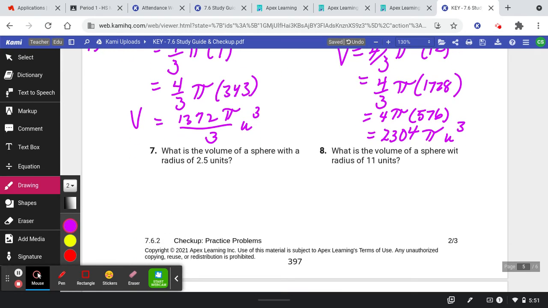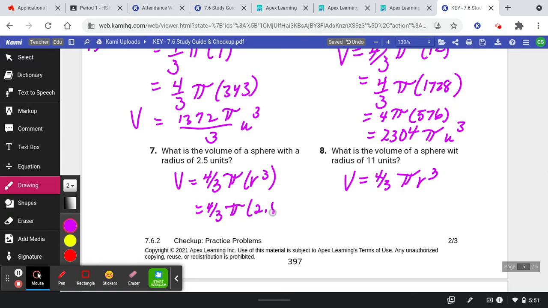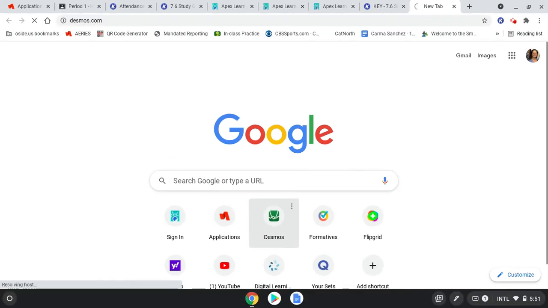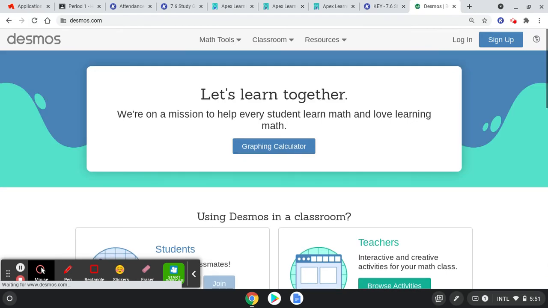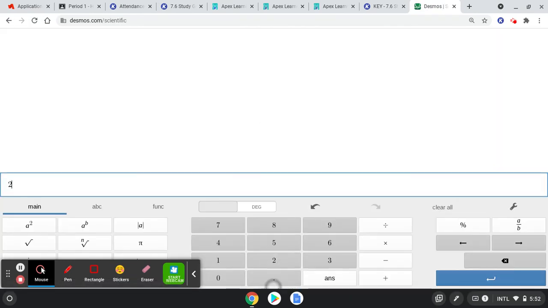What is the volume of a sphere with radius of units 2.5? Two point five cubed is 15.625.